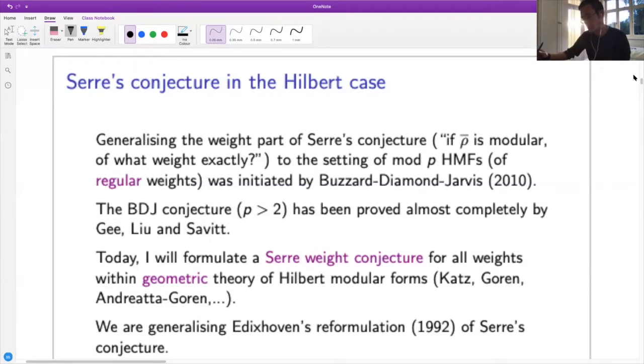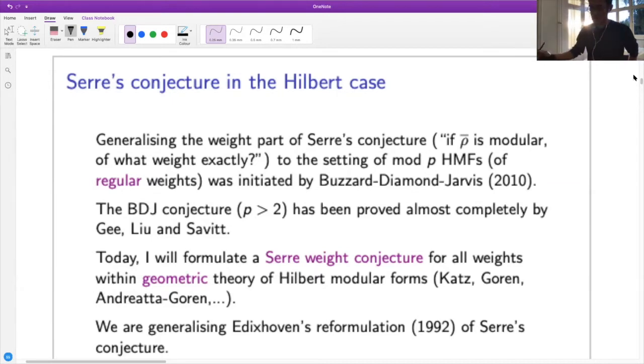This topic has been developed further by Michael Schein, Florian Herzig, David Savitt, Toby Gee, and so on. But this original BDJ conjecture itself, when p is odd, has been proved almost completely by Gee, Liu, and Savitt, and possibly some others.